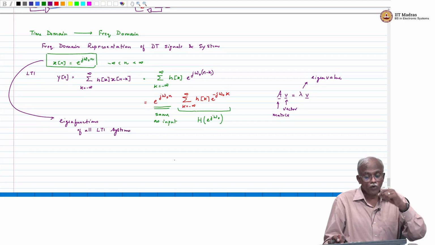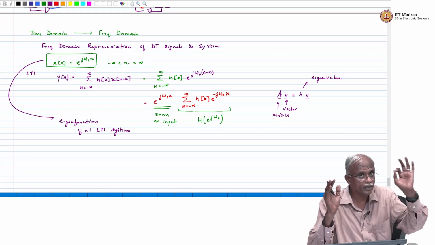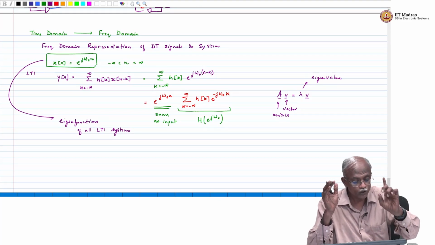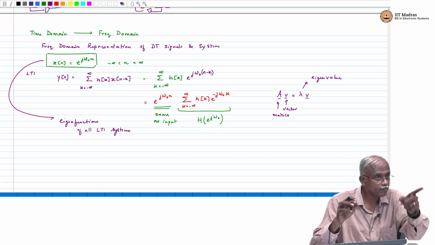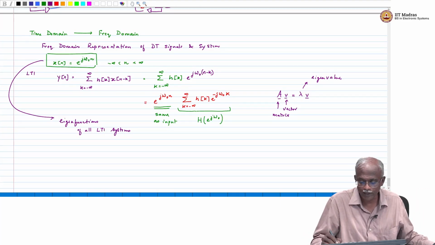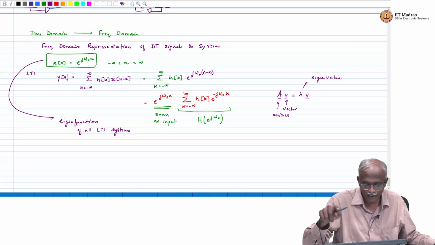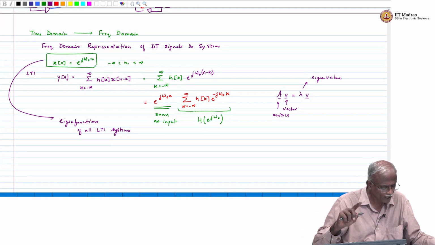Now, if you want to know the gain that this particular sinusoid e power j omega naught is going to experience, the only thing you need to ask is, is it an LTI system, and then ask for the impulse response. Once you give me the impulse response, I will compute this expression, summation k equal to minus infinity to infinity, h of k e power minus j omega naught k.